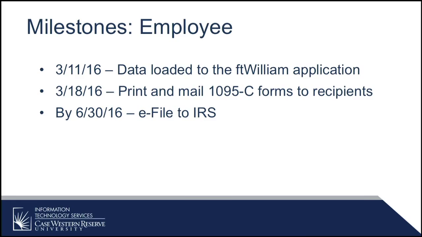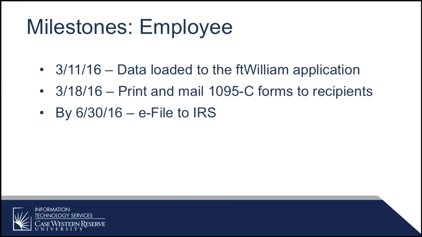To highlight some upcoming milestones on both the employee and the student side, as we had highlighted in our presentation in early March, the data has been loaded to the FT William application. That has been complete. And as we've mentioned earlier, we've printed and mailed the 1095C forms for employees to the recipients.